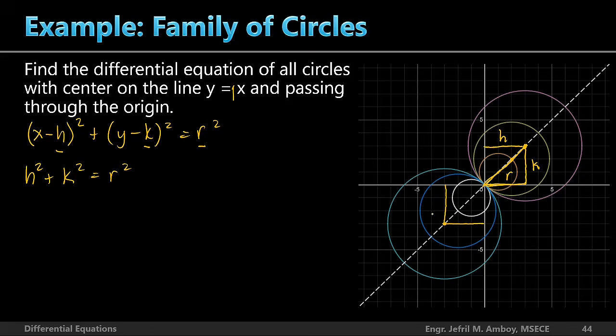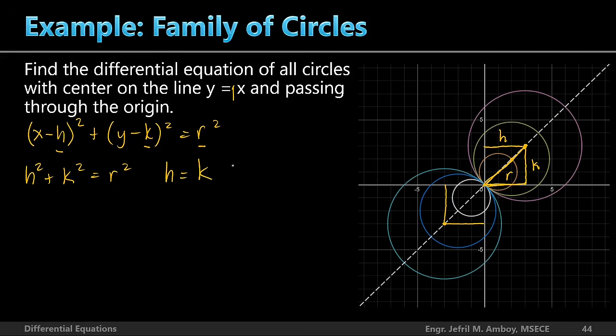So whether the circle is here or there, once we square it, we would still get the same result. Okay? And we can apply or impose the relationship between h and k that they are always equal. Whether the circle is here or there, h and k are always equal because the angle of inclination is 45 degrees. So h is equal to k.